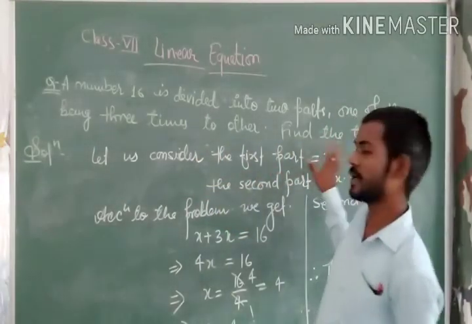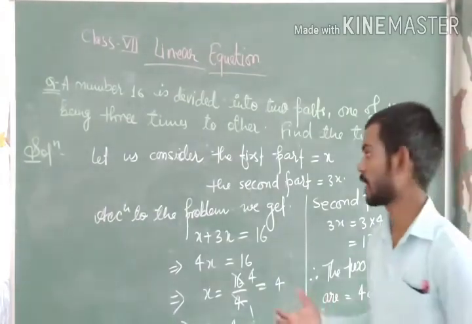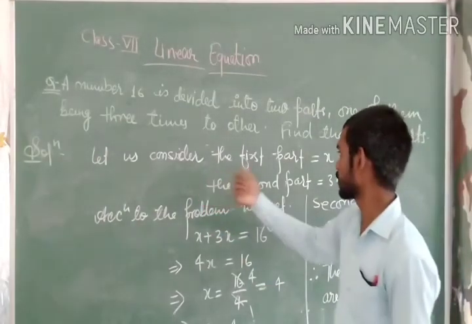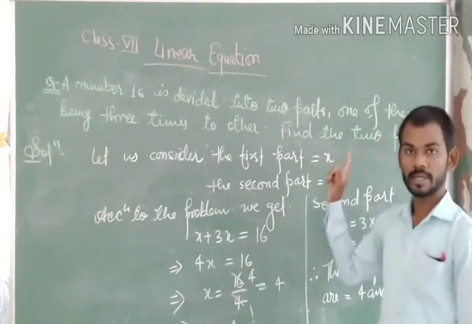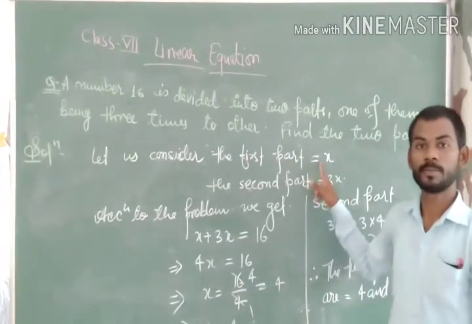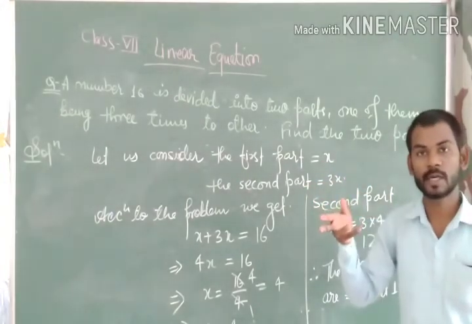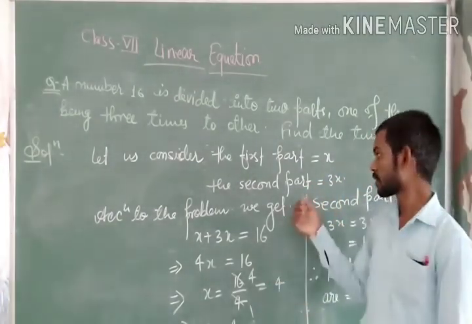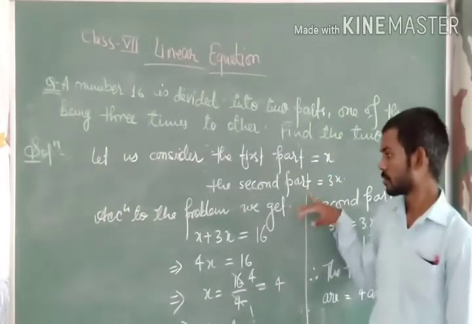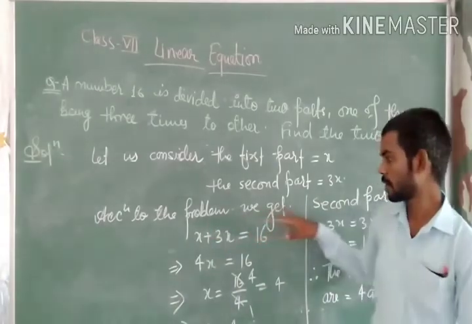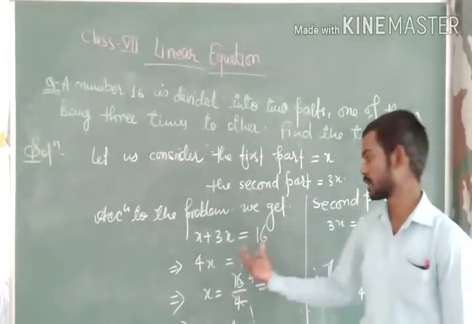So we need to find out the two parts in which 16 is divided. So let us consider the first part of 16 is x. If the first part is x, then it is obvious that the second part will be 3x, as given in the question. So according to our problem, we get x plus 3x is equal to 16.